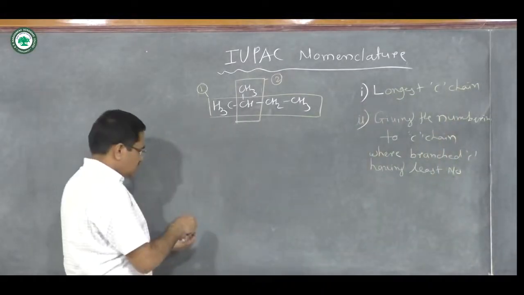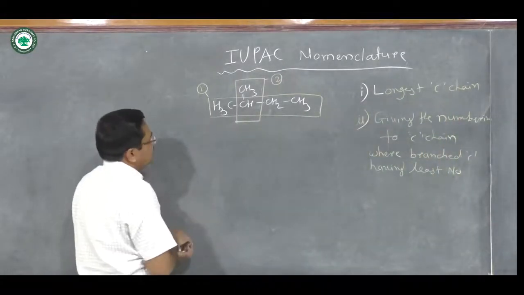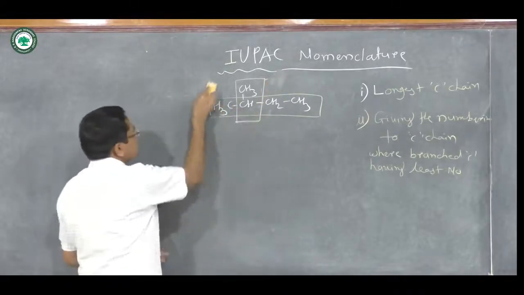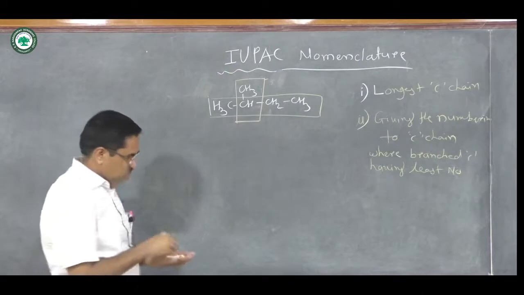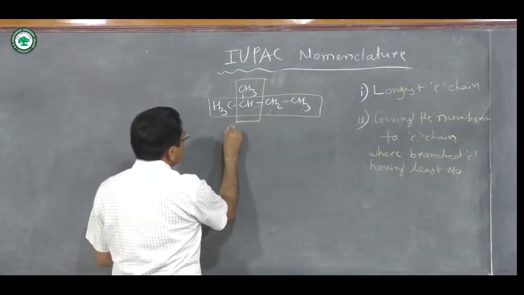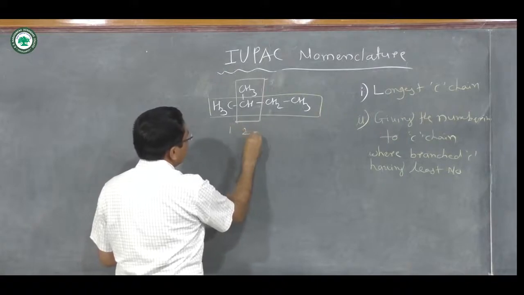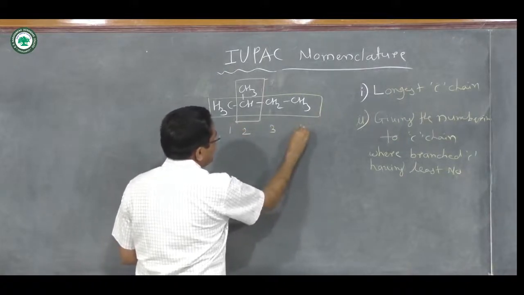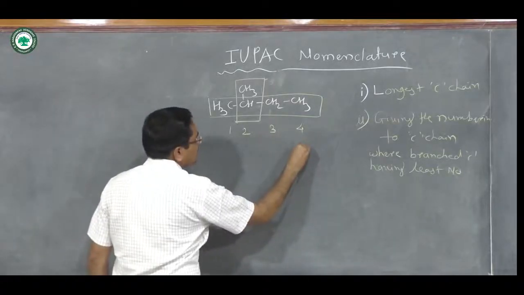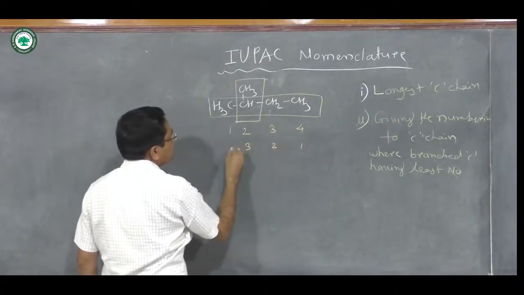Now here there are 2 ways to give the numbering. Suppose you consider 1, 2, 3 and 4, and suppose here also 1, 2, 3, 4.